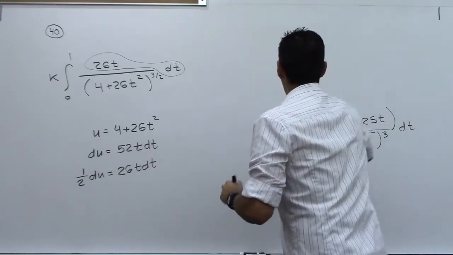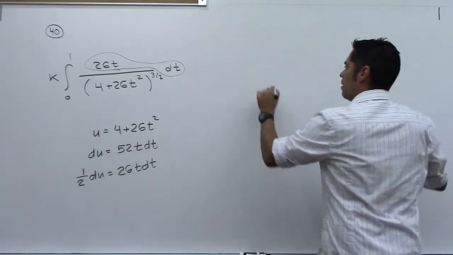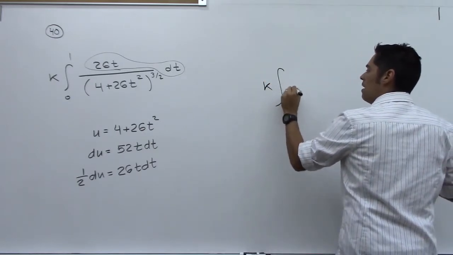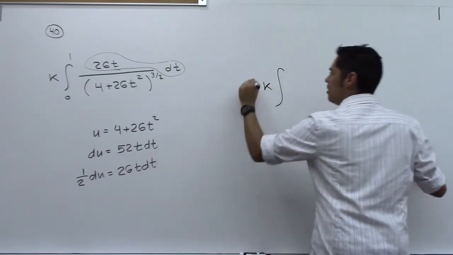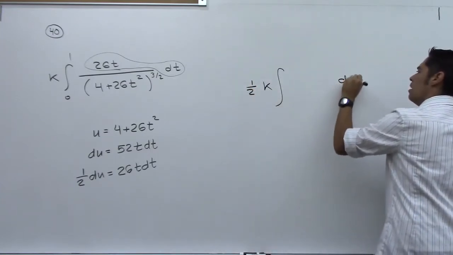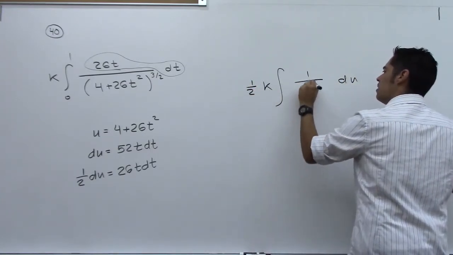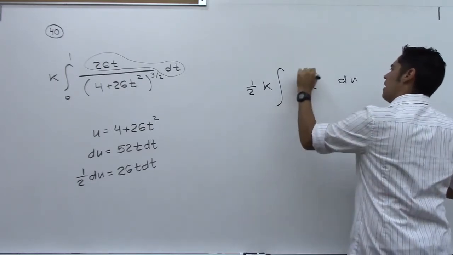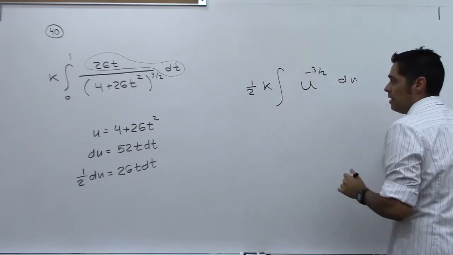This is just the integral, okay? Just the integral without the 0 to 1, okay? So this k, I'll get a 1/2, like I said, a 1/2 du, and then 1 over u to the 3/2, which is really u to the negative 3/2, and then I do my antiderivative.